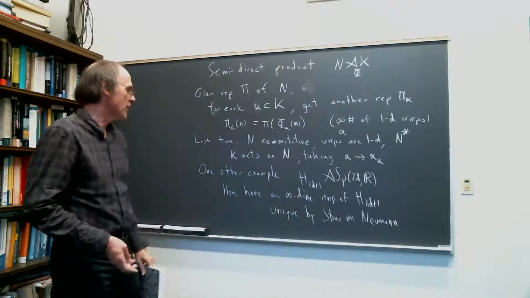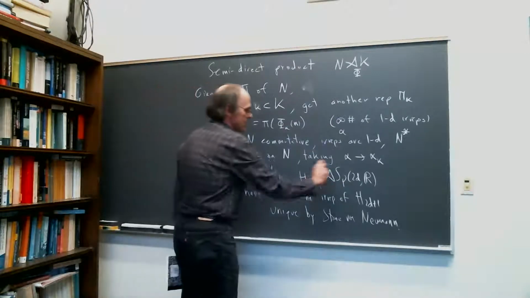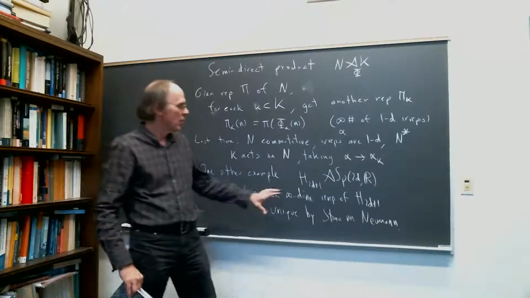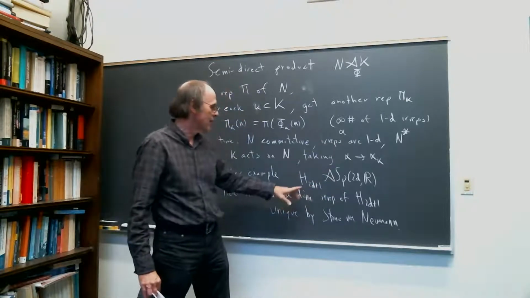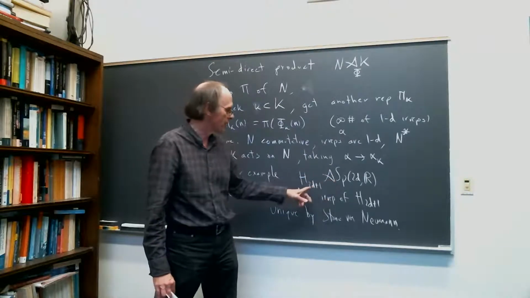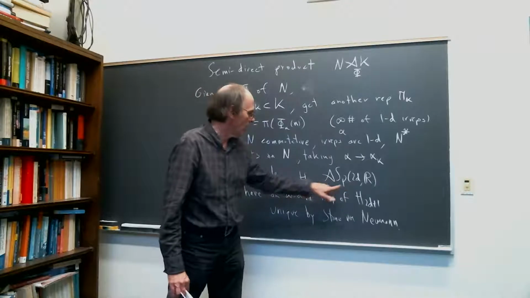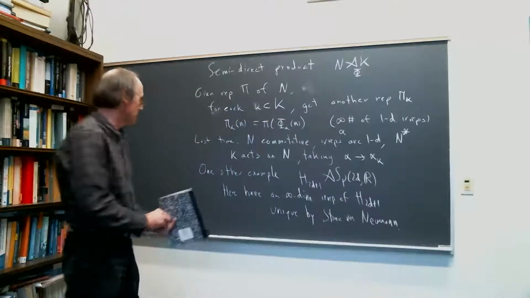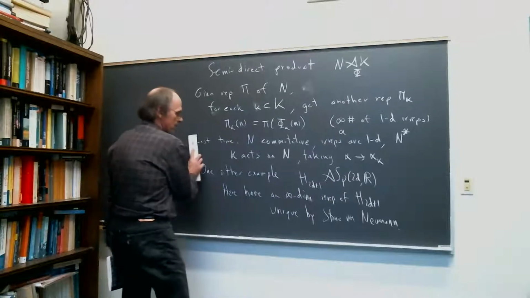So the footnote I wanted to say today was, I can't use this to classify all the representations of this group, but there is something interesting you can say about what the structure gives you, which I'll say right down here.